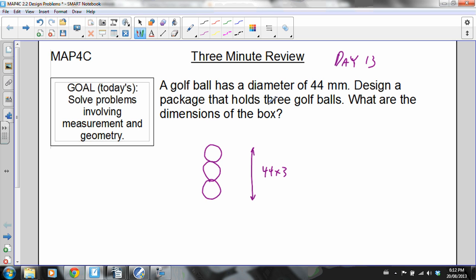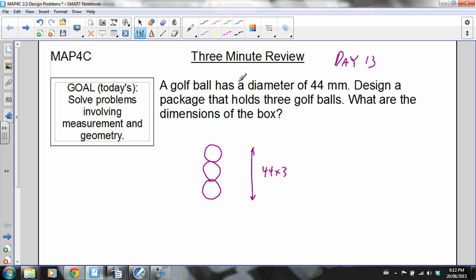What I want to talk about today that's a little bit different is this idea that 44 is not a very good choice, because if I built a box around this, it would barely fit. Of course, we want to be a little more practical in our course and design things that we could actually use.